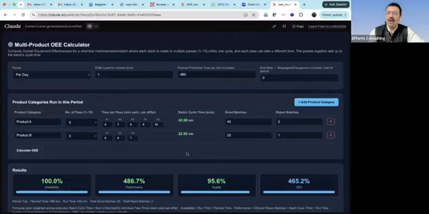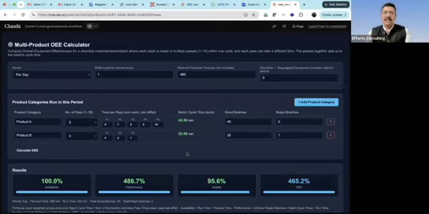So how to calculate OEE? Now OEE is the multiplication of availability factor, performance factor, and quality factor. So we created this, like I sat on my artifact on my Cloud AI, and I created this in 1 minute.